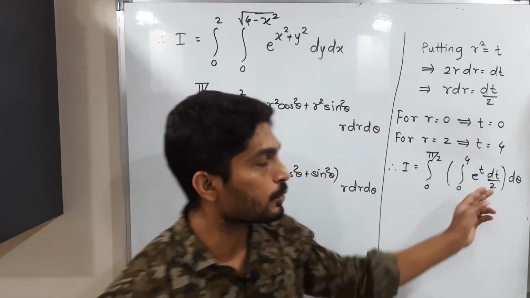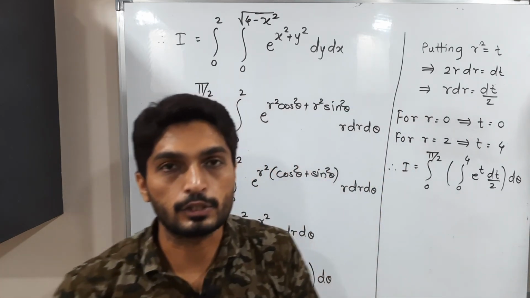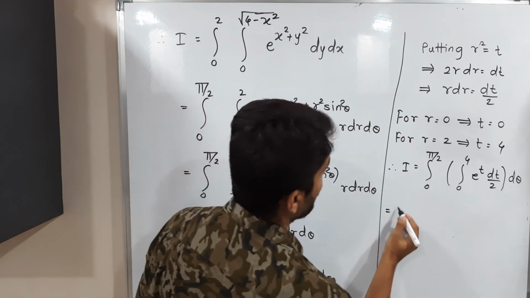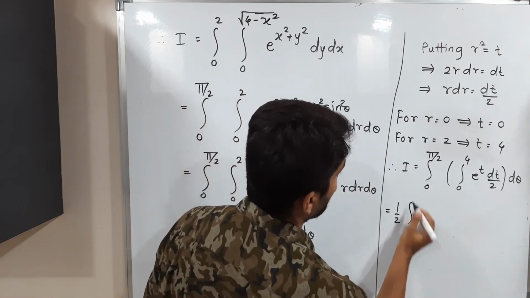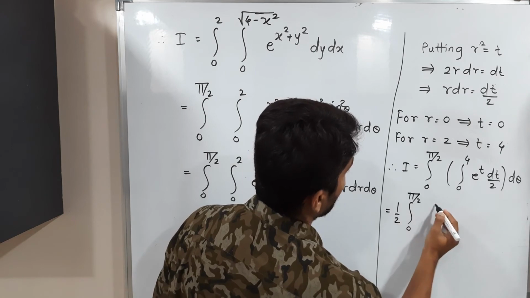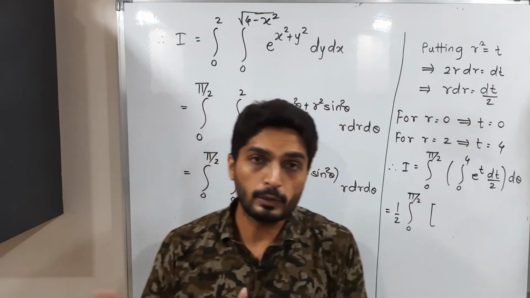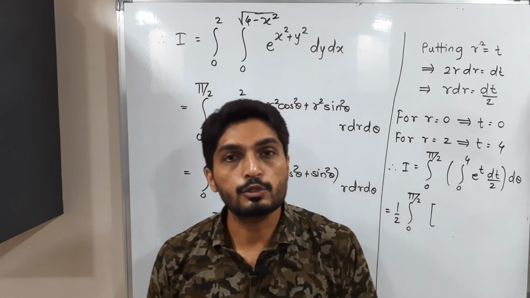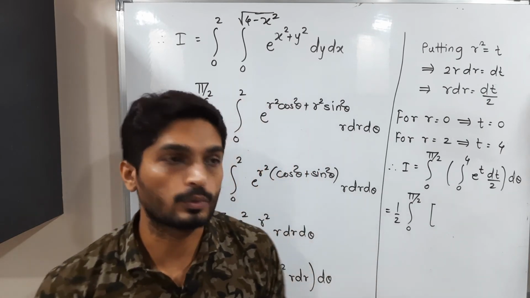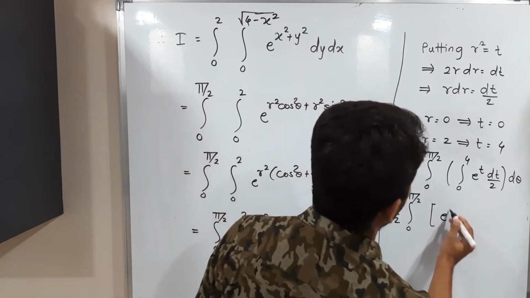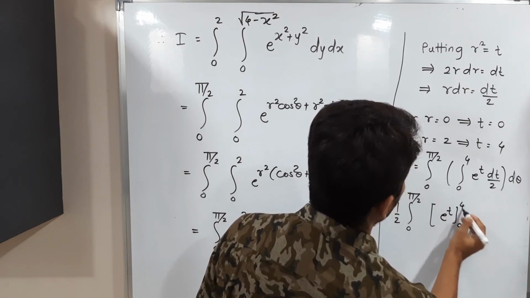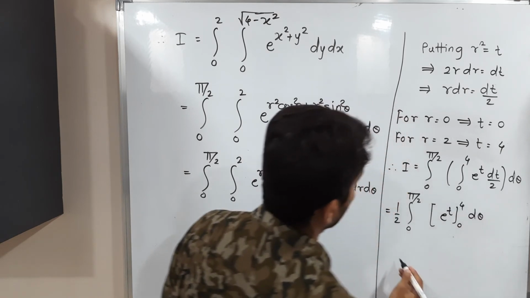So 1 by 2 is constant, you can take it outside the integration. Integration of e raised to t is e raised to t. So I will write here e raised to t, 0 to 4, d theta.